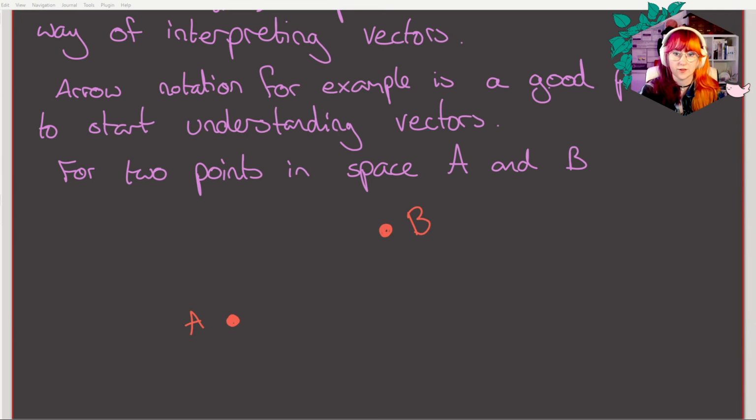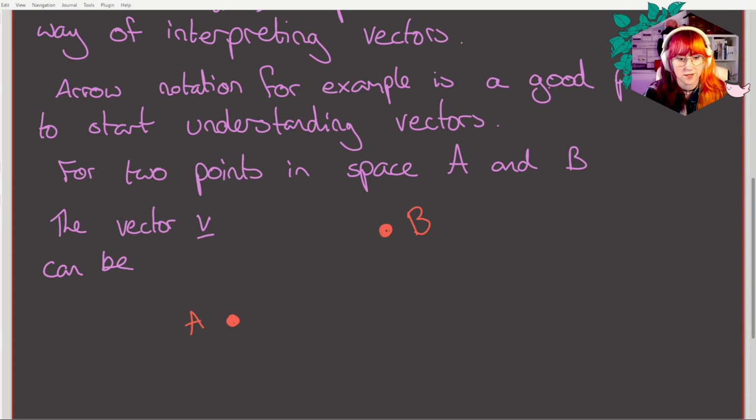Then the vector V can be essentially the vector that goes from A to B.